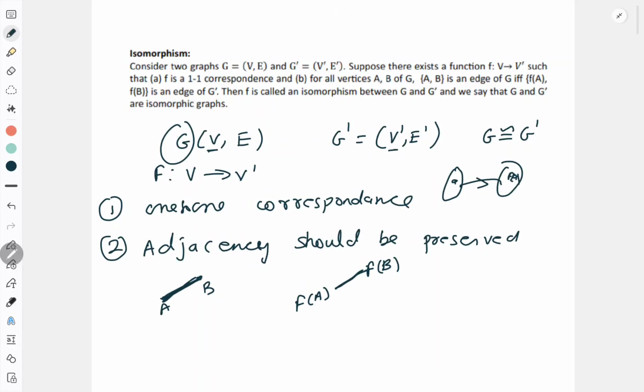That is known as adjacency being preserved. And if it is a directed graph, then the direction should also be preserved.